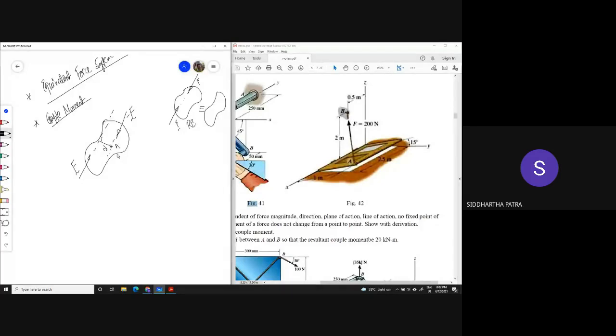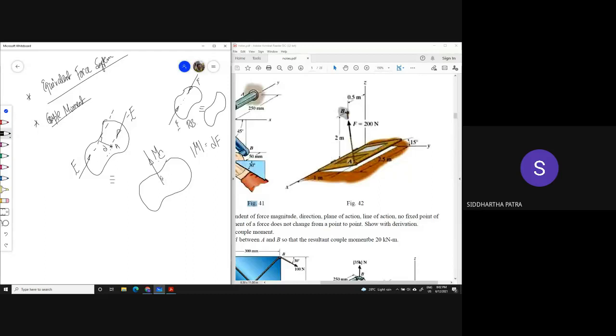That system is in a sense equivalent to having no force but a single moment, and that moment has the magnitude d times F, and is also perpendicular to the plane of the two parallel forces. This moment is called a couple moment.